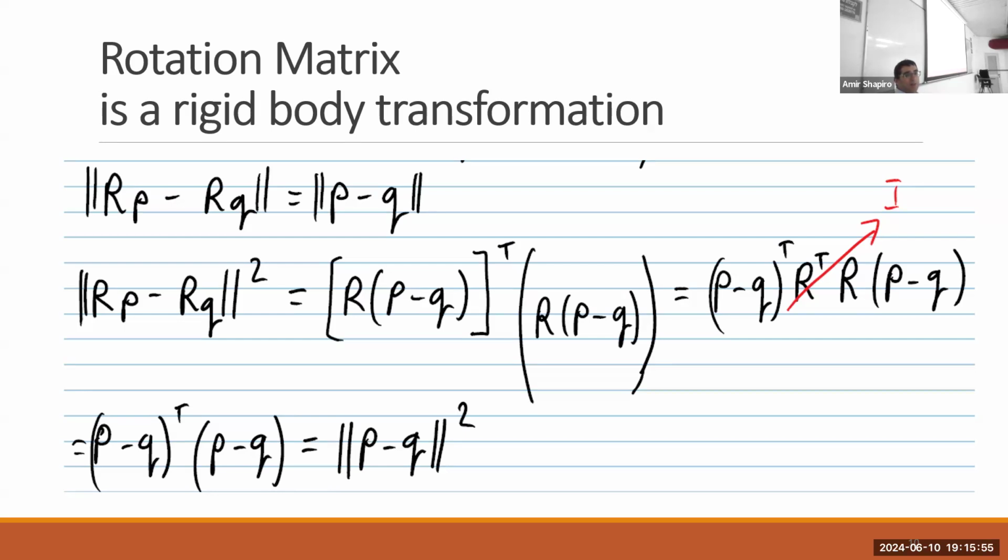And then we take the square, it's the vector times itself. So it's R times (P minus Q) multiplied by itself. If we take the transpose, we change the order and put the transpose of each matrix.